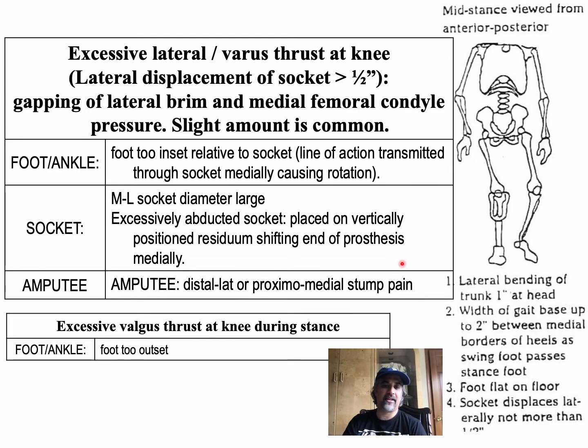If during mid-stance you do see a genu varum, which means that the foot looks like it's in more and the knee is coming out more, and there's gapping here in the lateral part and then it's digging in medially, it could just be, again, pain, or it could be an issue at the foot and ankle, or the socket. Again, I usually find that it's an amputee issue.